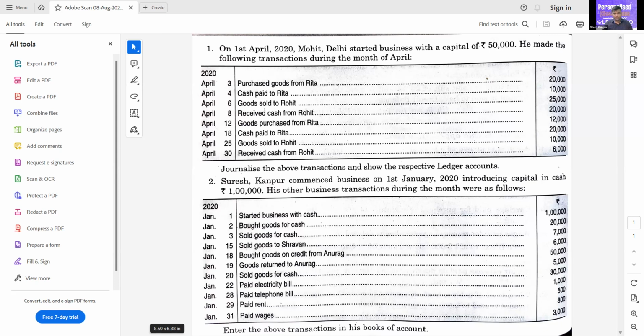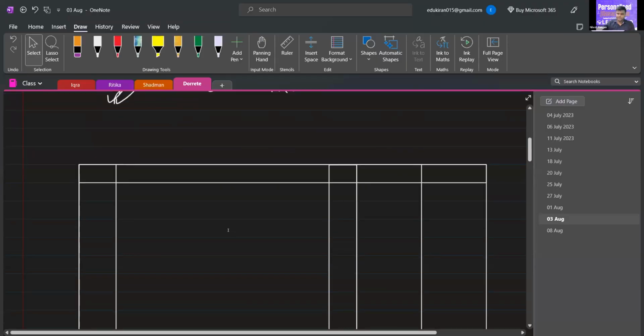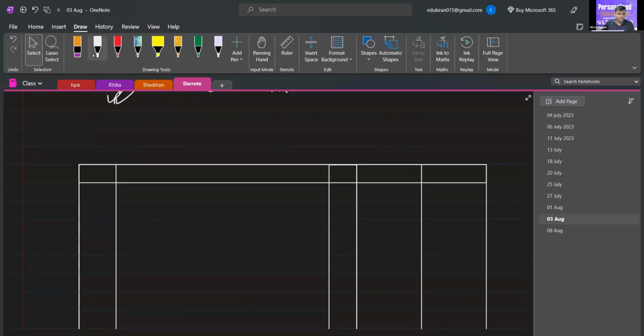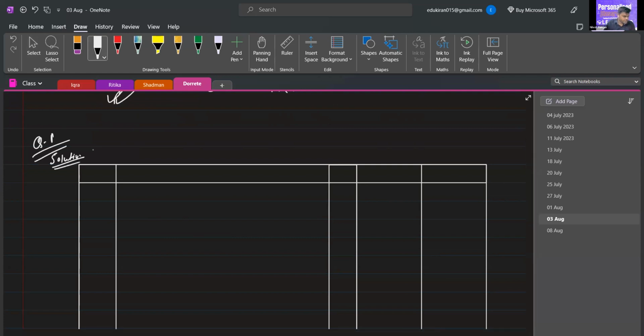Okay. So now solve the question in writing so that you understand it better. Yes, sir. So question number 1, solution. First of all, the question is: on 1st April 2020, Mohit Delhi started business with a capital of rupees 50,000 and he made the following transactions during the month of April.